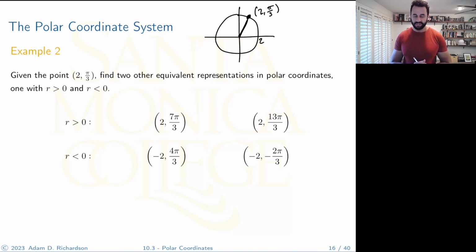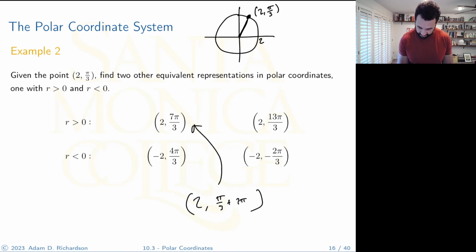An equivalent representation would be that point plus 2 pi. So another one would be 2 comma pi over 3 plus 2 pi. But that's exactly what this is right here. That's pi over 3 plus 2 pi, since 2 pi is 6 pi over 3. So you could say this point is also equal to 2 comma 7 pi over 3.